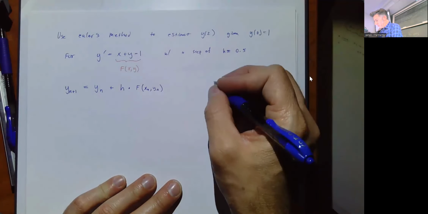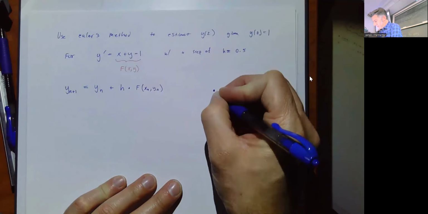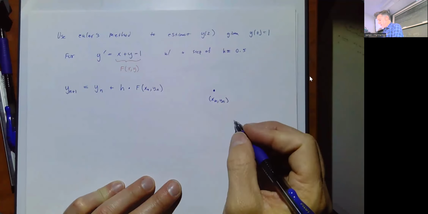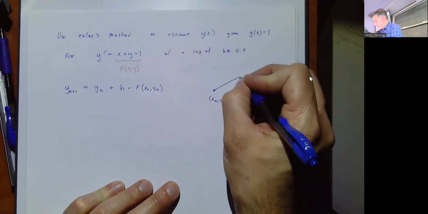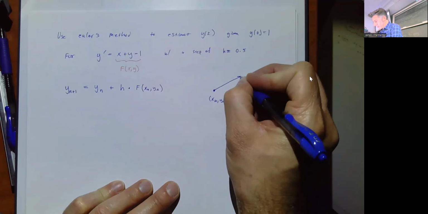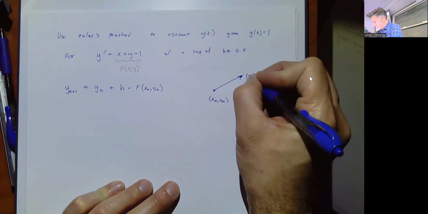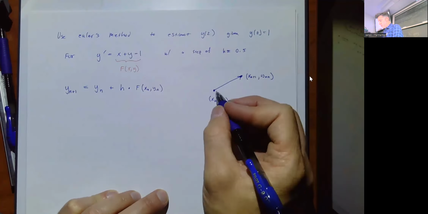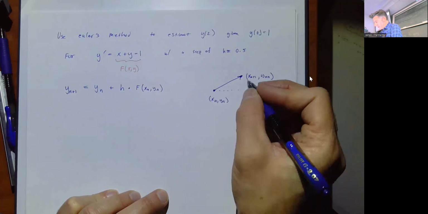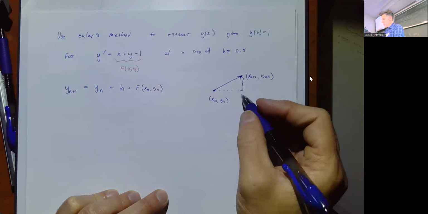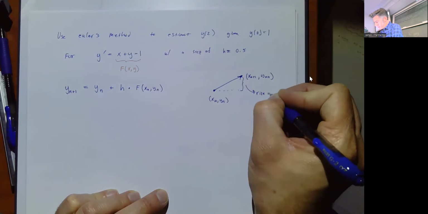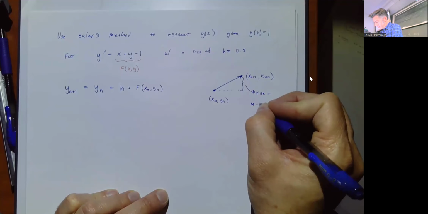The idea being, of course, that if this is your point x sub n comma y sub n, and you're trying to find your next y value, well, you're just taking your previous y value and you're adding on the rise, which is just your slope times your run.